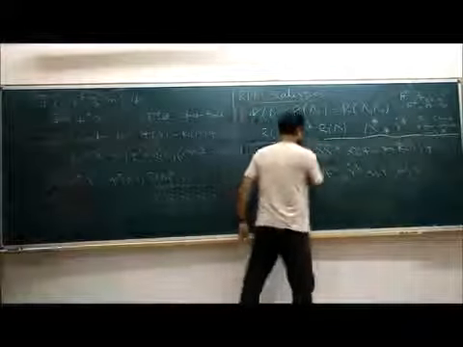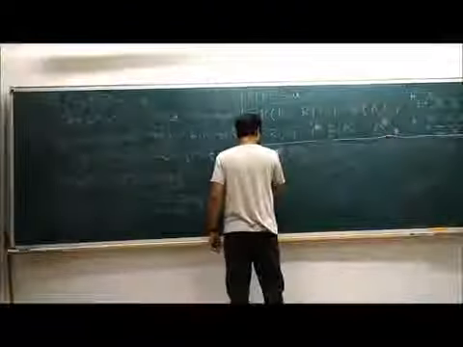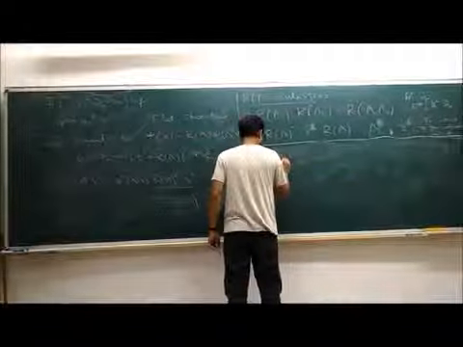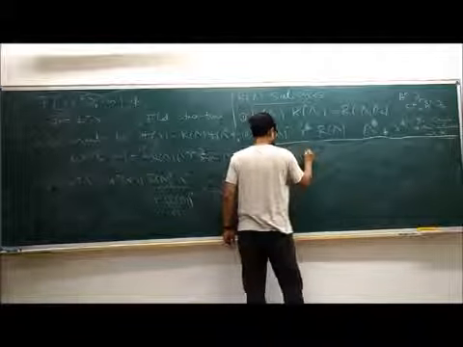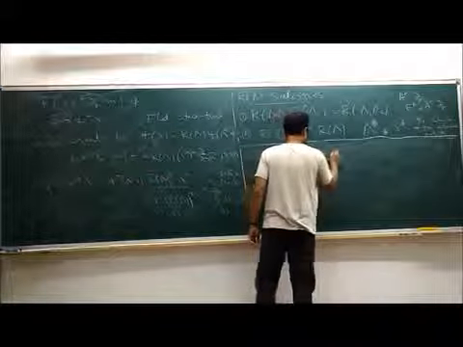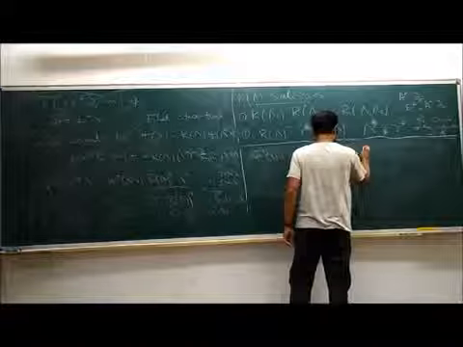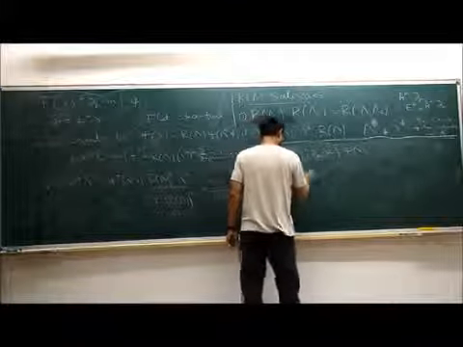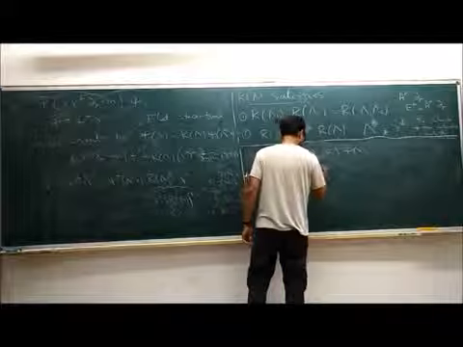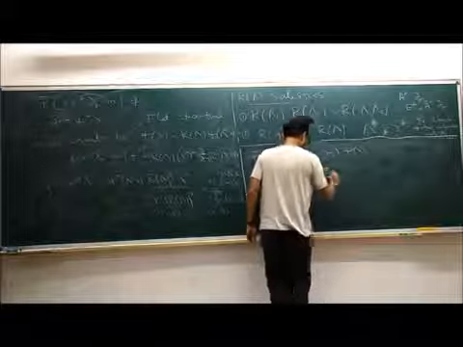Because of this, we have a relation: (i gamma^mu del_mu minus m) psi of x equals psi bar prime of y times i gamma^mu del_y^mu.